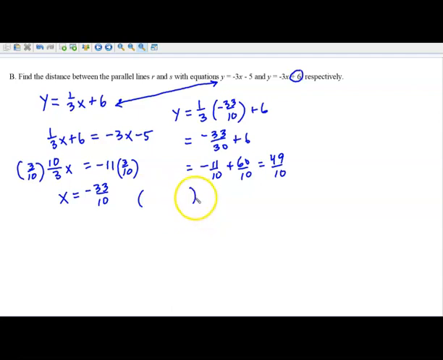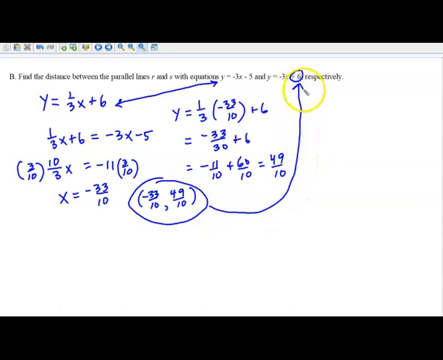So the point of intersection for this segment, which makes a perpendicular point of intersection between these two parallel lines, is negative 33/10, 49/10.